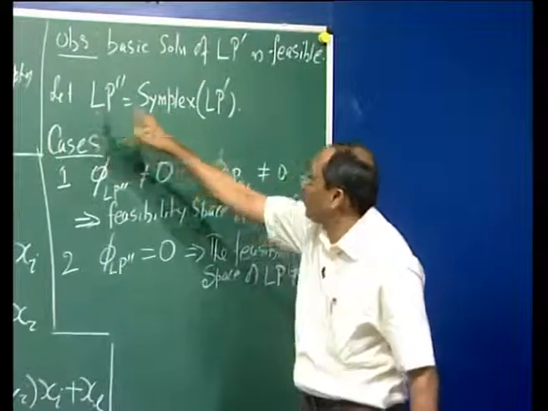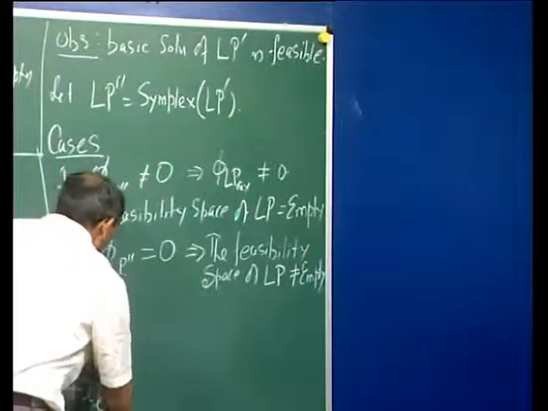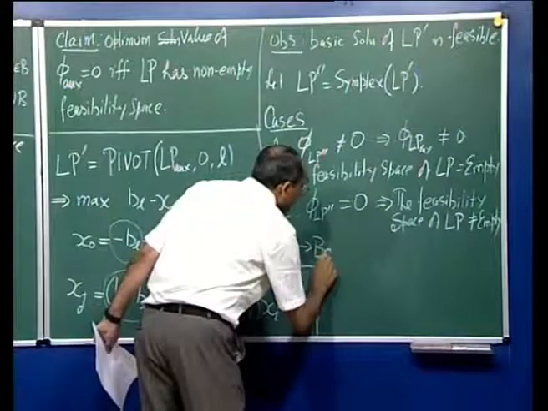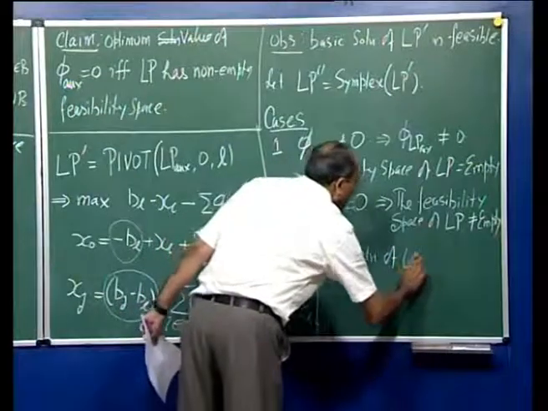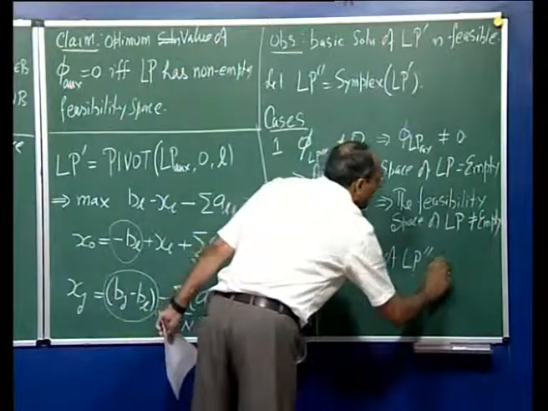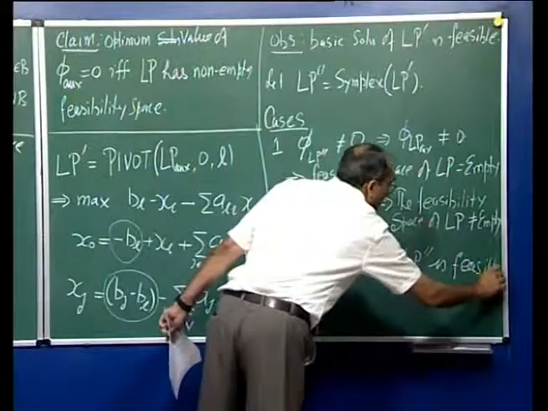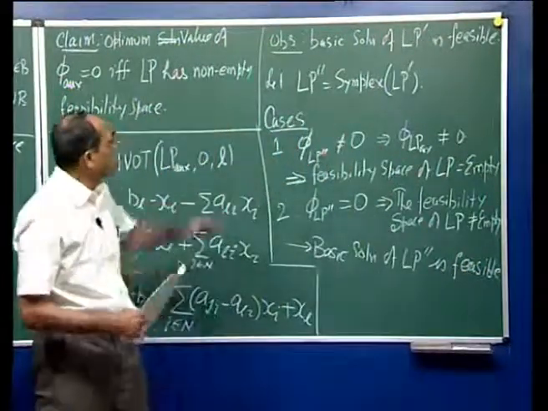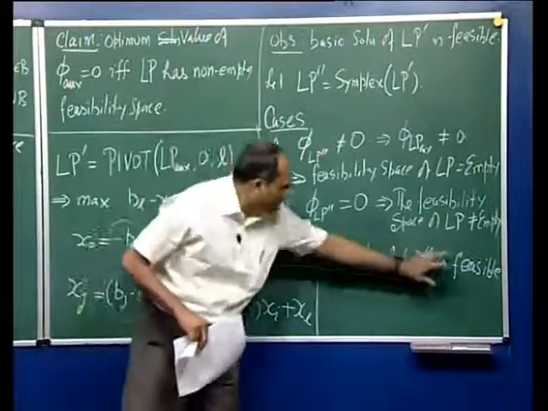Hence, we notice that the basic solution of LP double prime is feasible. Because it is coming from here. Now, this is feasible.